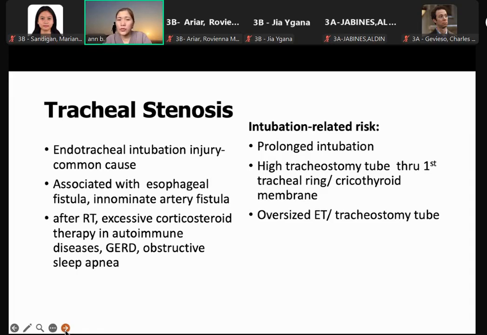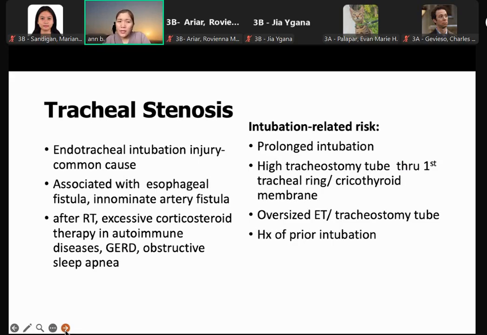The usual size we use for endotracheal intubation is 7.5. For the tracheostomy tube we could also use size 6 or size 8, but usually size 8 is very good for the airway in supplying oxygen.